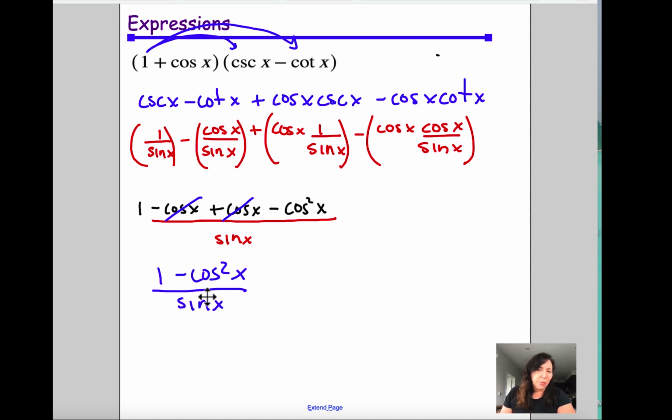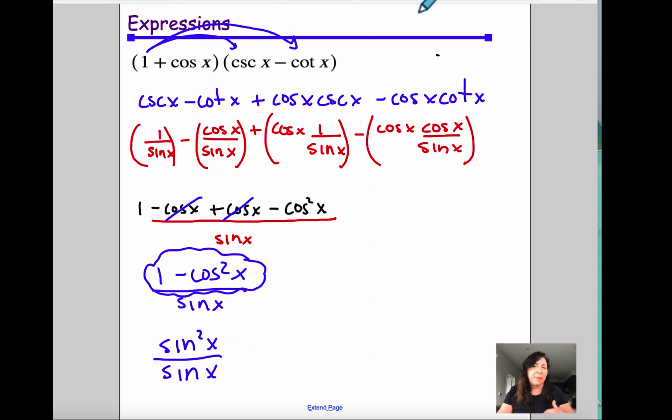And I think some of you see where this is going because this is one of my Pythagorean identities, which is equal to sine squared of x. And I now have that over sine of x. And so that means that, and remember, sine squared is just sine of x times sine of x, right?